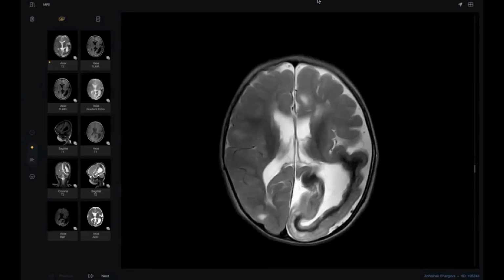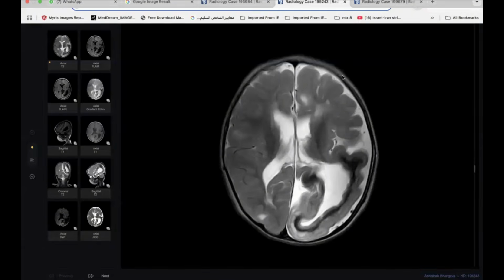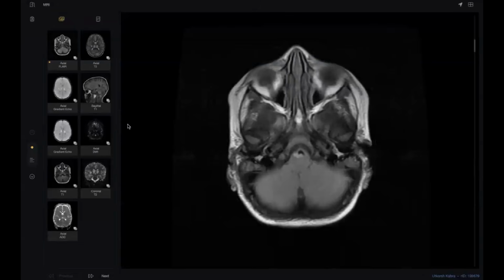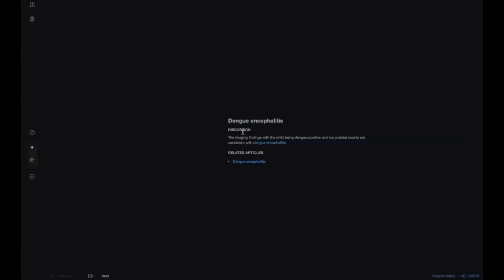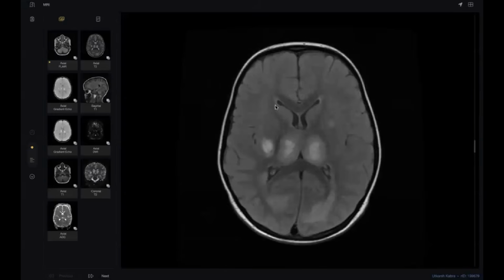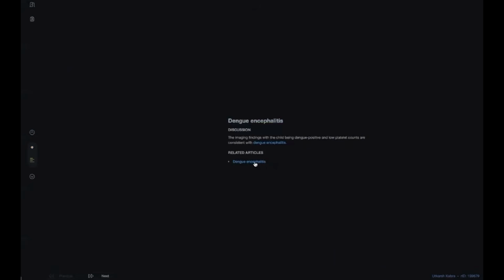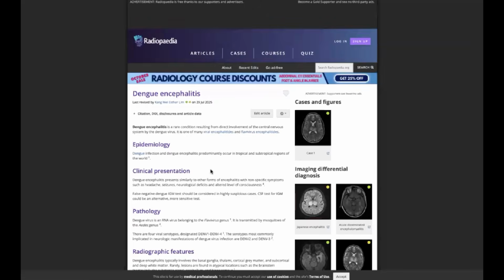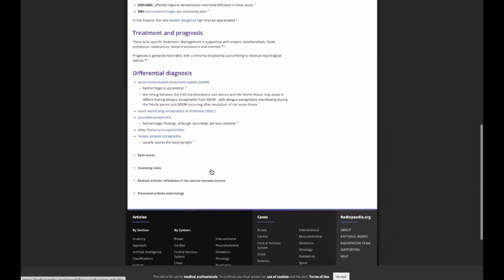One of our candidates sent a comment on the previous case, this one. Sure, it is dengue fever or dengue encephalitis. I very much agree with you. But the most important thing here is to describe it as a hemorrhagic encephalitis. Why? Because hemorrhagic encephalitis is a wider term. Under it, you can see the differential diagnosis of dengue encephalitis.